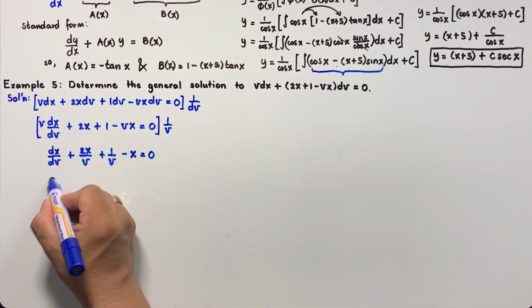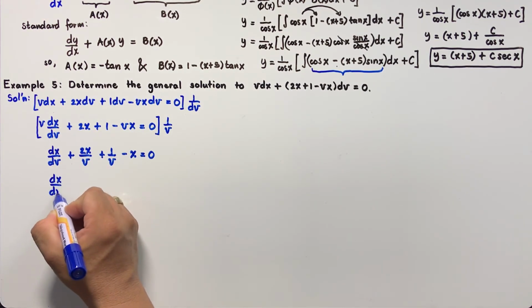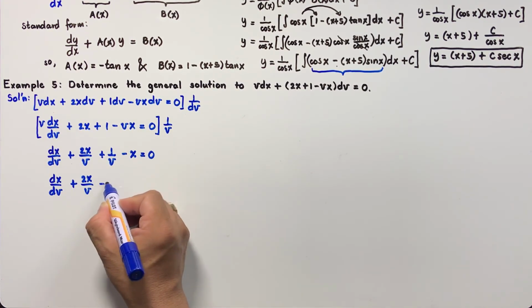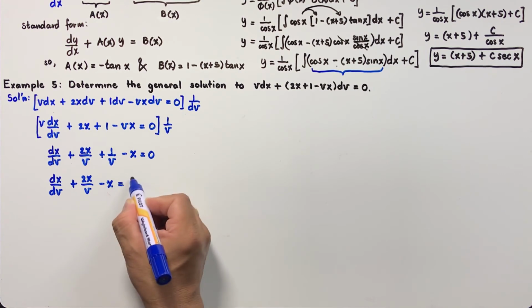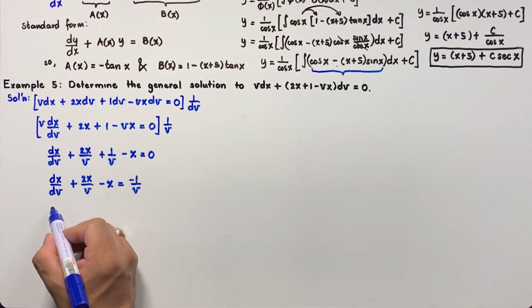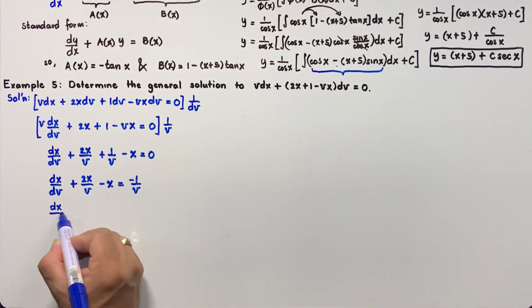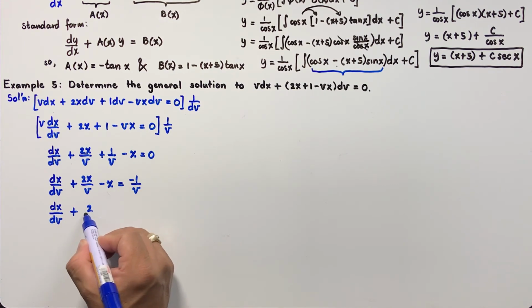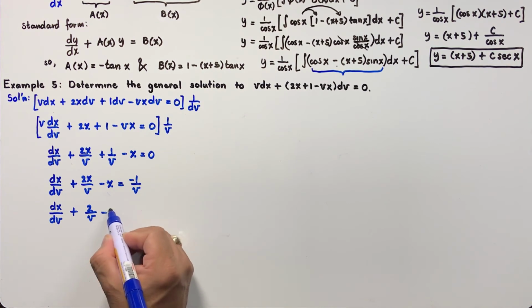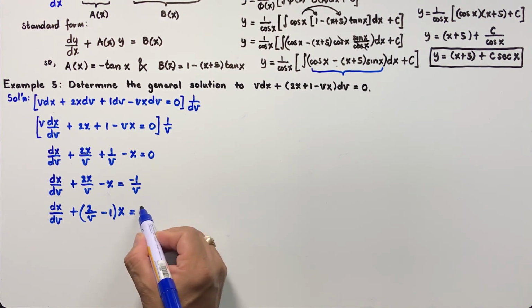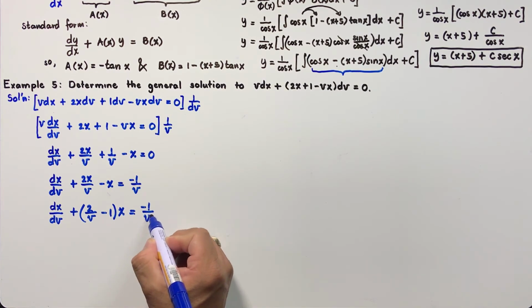So we have dx over dv plus 2x over v minus x, which is equal to the negative 1 over v. And factoring the x in these two terms, we have dx over dv, and this is added to 2 over v minus 1 times x, which is equal to negative 1 over v.